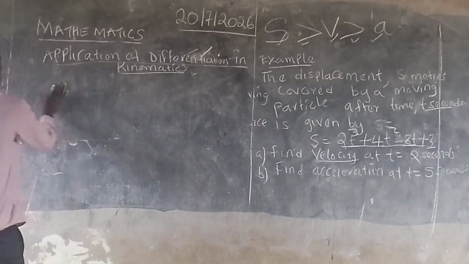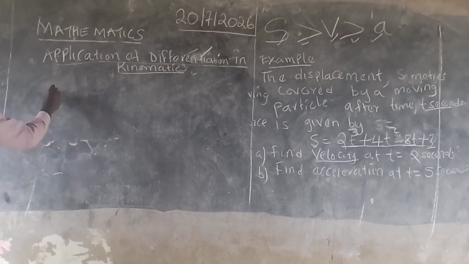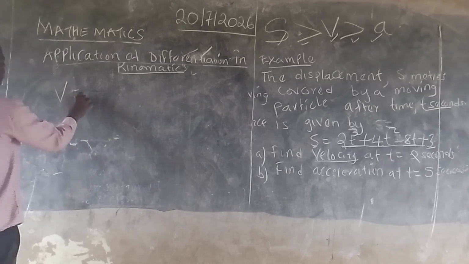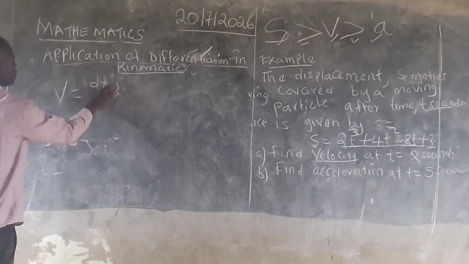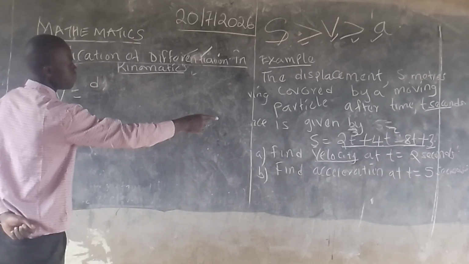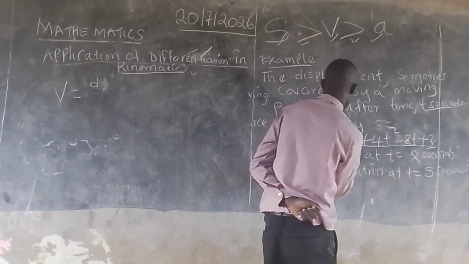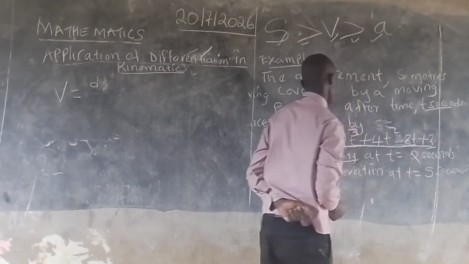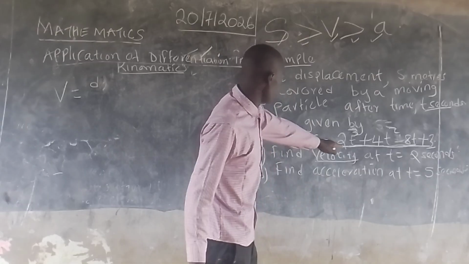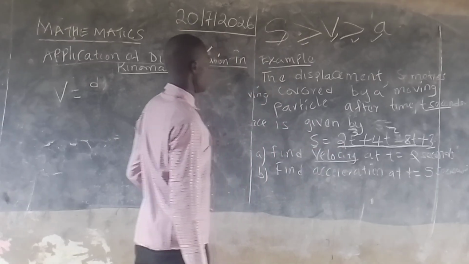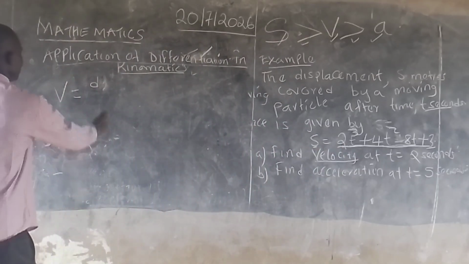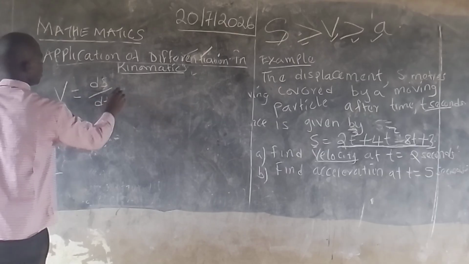Now, for us to get the velocity equation, velocity is given by ds/dt, by finding the differentiation, or what we call the derivative, of this displacement equation.